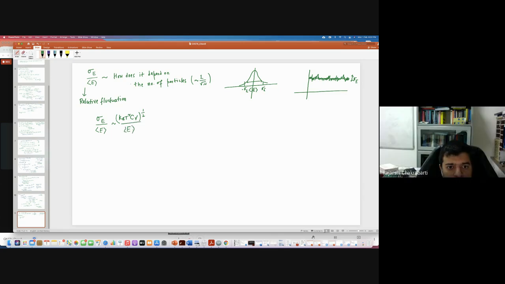This is root of CV, it has to be root n, and then E is n. And this is actually the signature of equilibrium fluctuation. And this is fantastic, isn't it?